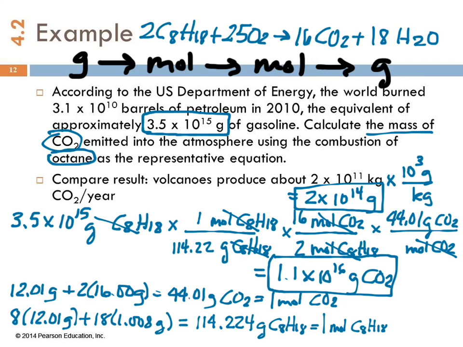So is it reasonable to think that combustion of fossil fuels could be contributing to the rising carbon dioxide levels? Yeah. It's bigger than what volcanoes are putting out. Any questions?